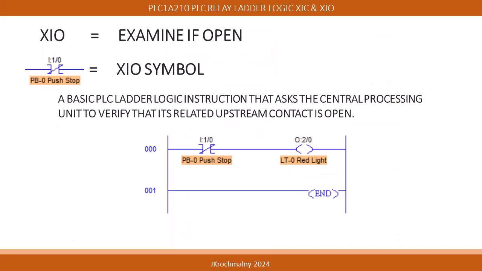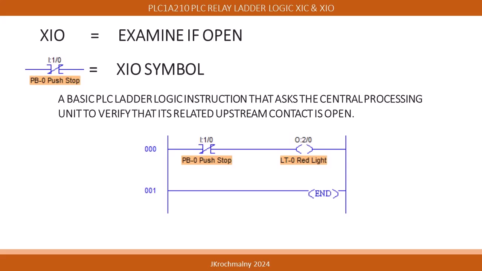The Examine If Open, or XIO, instruction allows the PLC processor to look at input terminals to see if the voltage condition has been reduced to 0. If the voltage condition is 0, meaning that the circuit upstream is open, then it is true. If the voltage condition is 120 volts AC, then the condition is false.